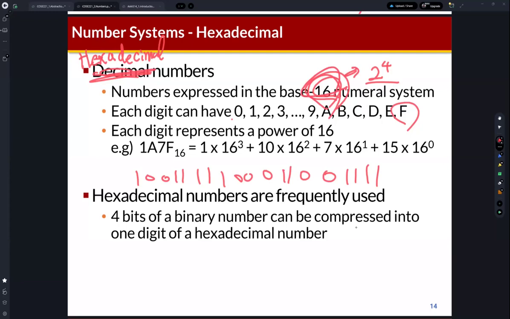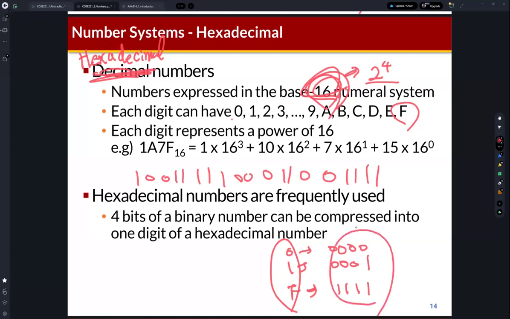Because the base is 16, a single digit of a hexadecimal number can include 4 digits of binary number, right? 0 is 0000, 1 is 0001, and F is 1111. So one digit of a hexadecimal number can represent 4 digits of binary number.